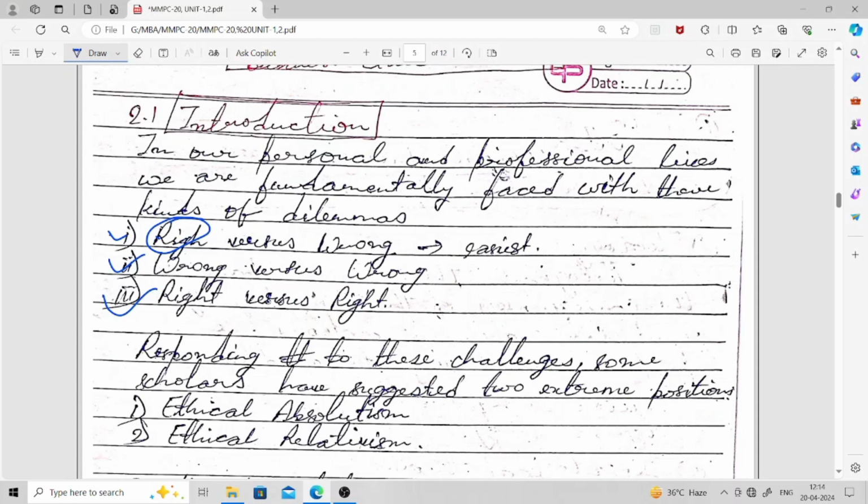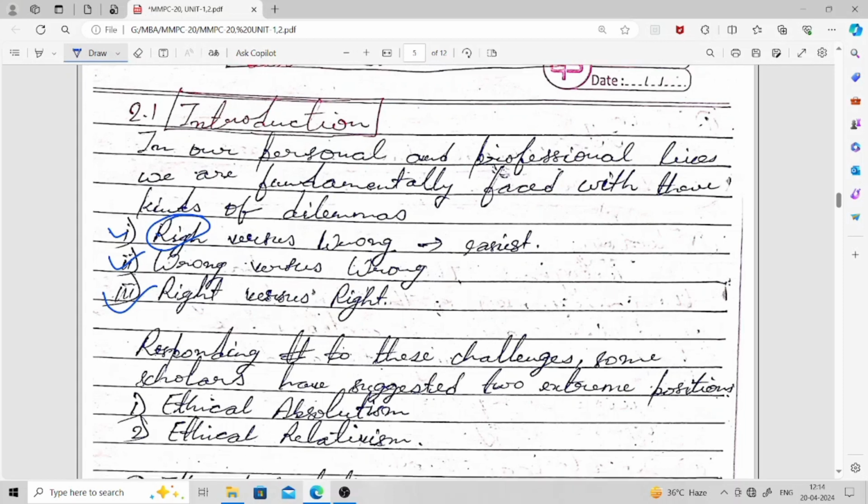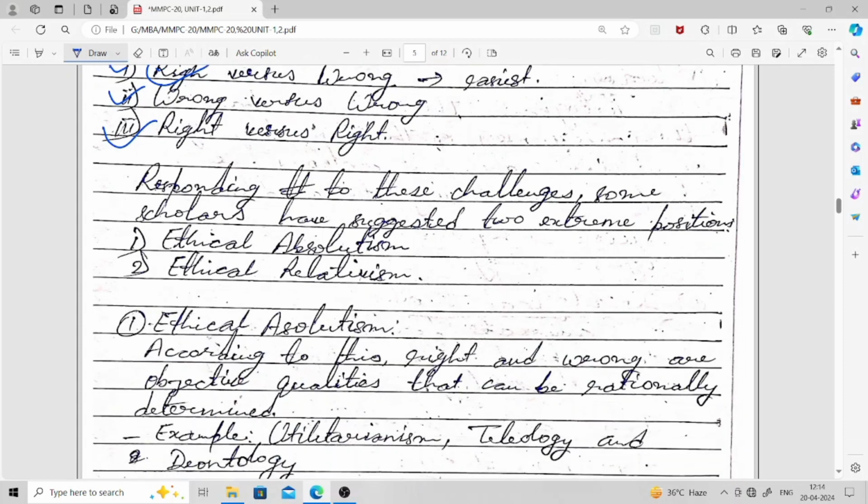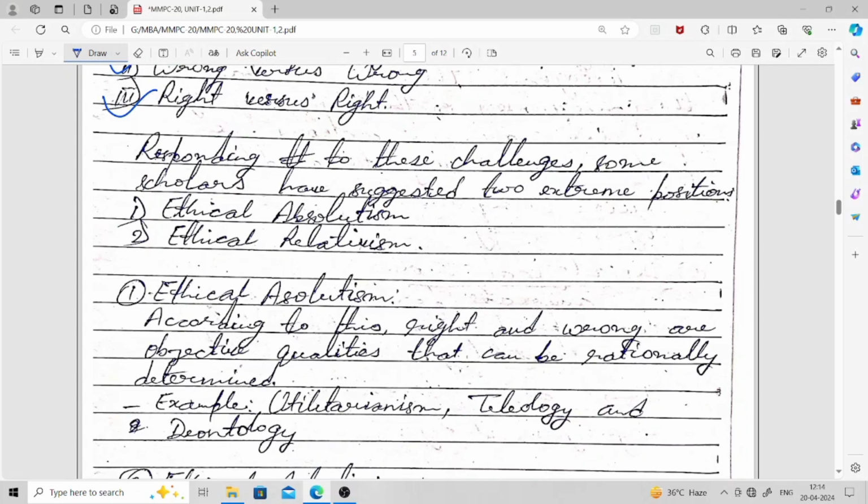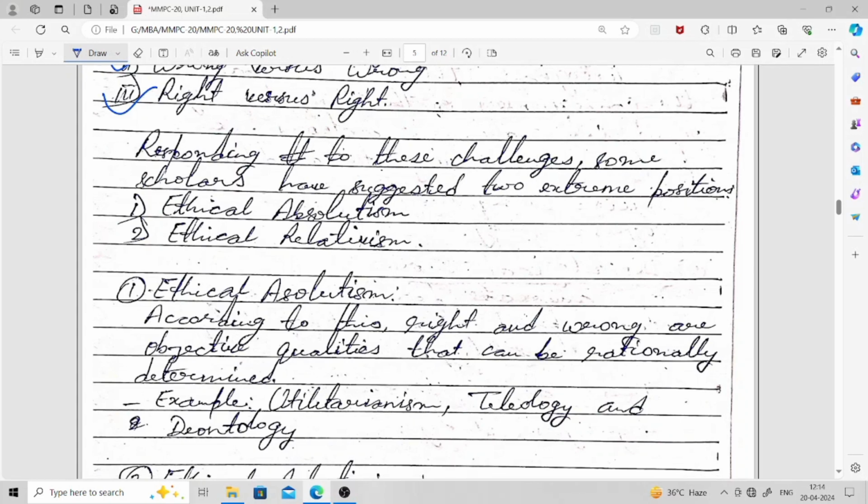Some scholars suggested two extreme positions. The first is ethical absolutism, and the second is ethical relativism. So what is ethical absolutism?